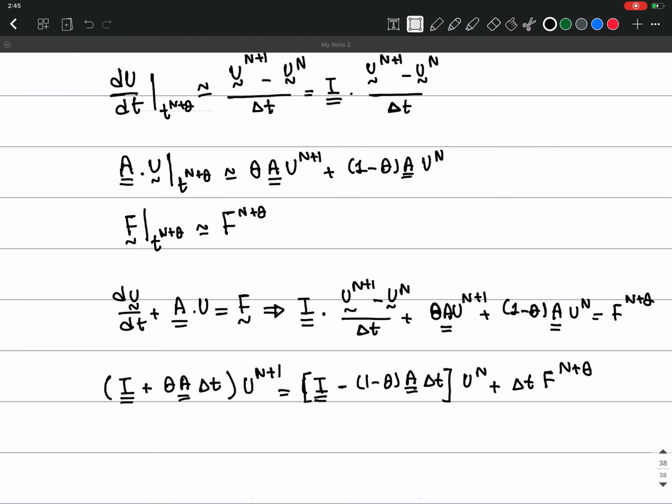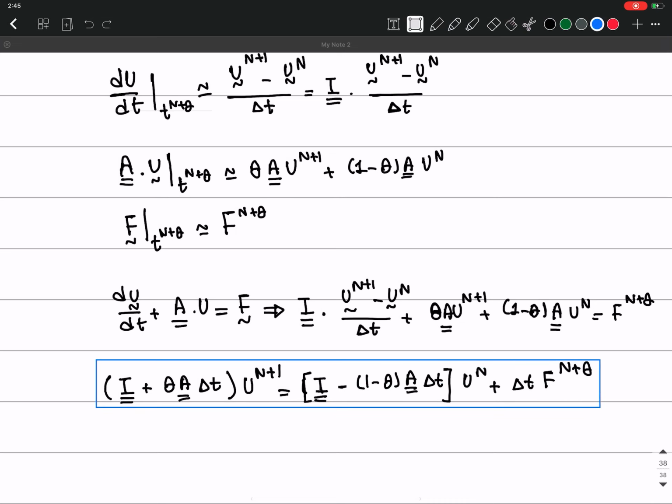So let me just show it like here. This is my final discretized system, which is discretized both in time and in space.